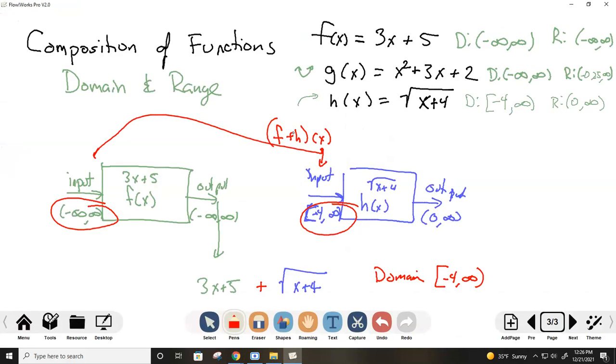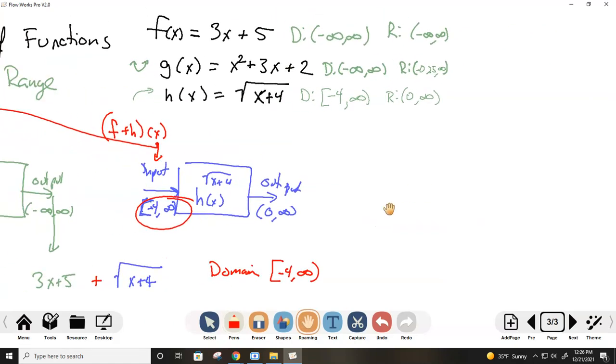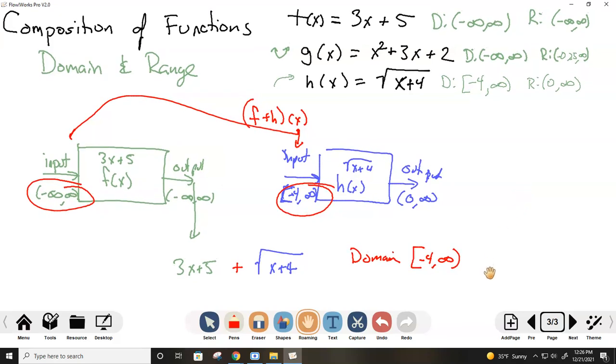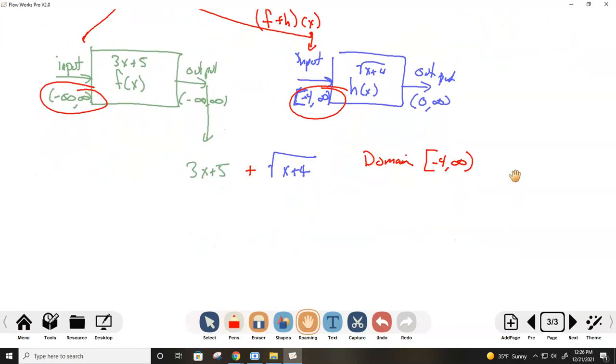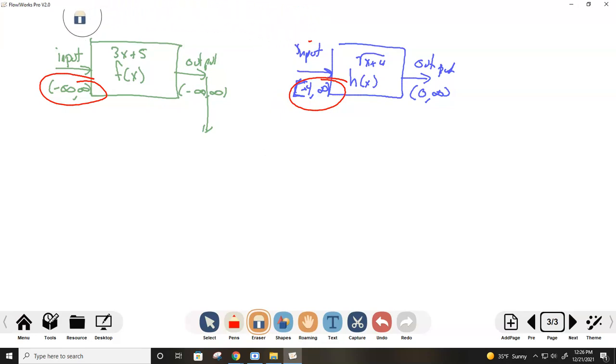Now, let's look at composition. Let's just keep this stuff up here because that's kind of nice.